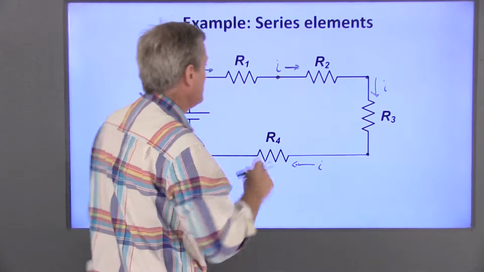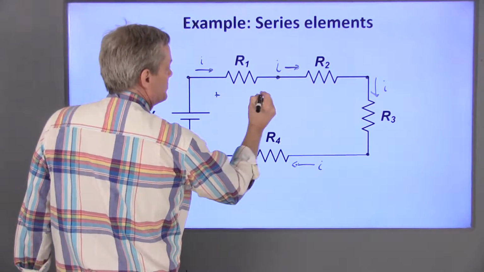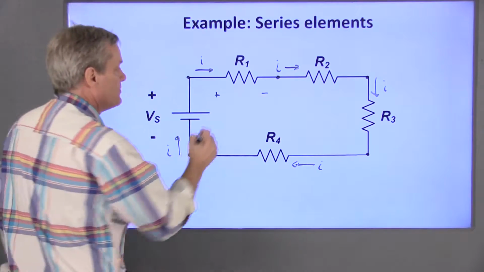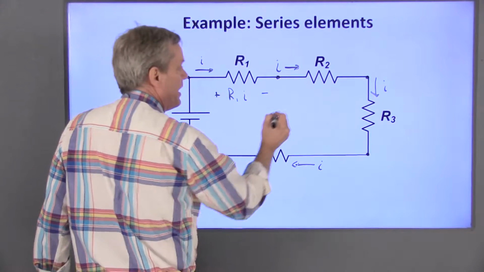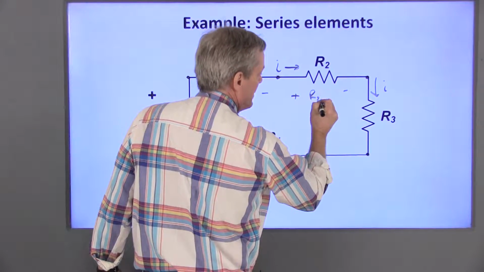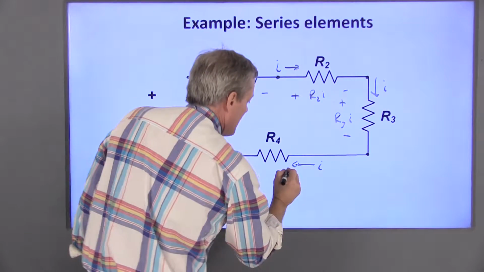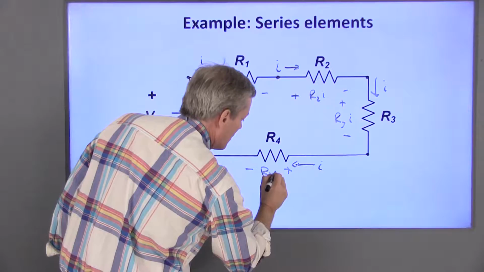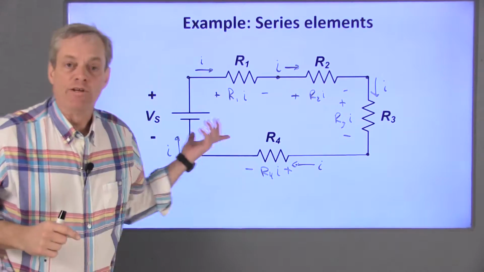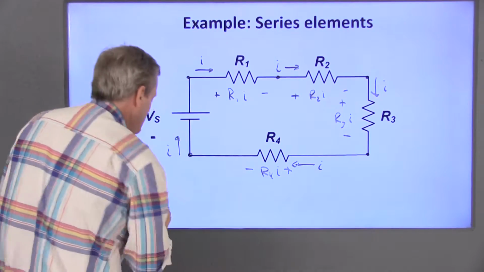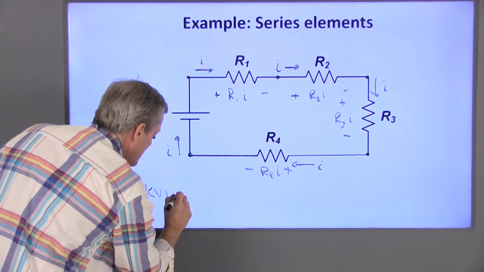Now if this current is I, the voltage across this resistor by Ohm's law will be R1 times I. This voltage will be R2 times I, R3 times I, and R4 times I. Now I've written Ohm's law 4 times. The only thing left to do is KVL.